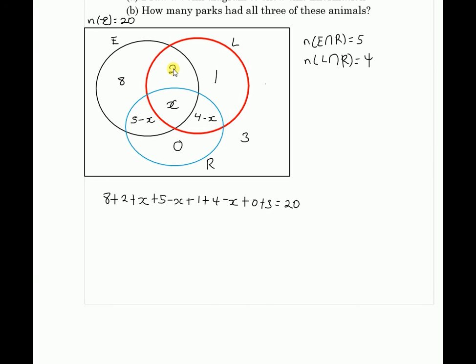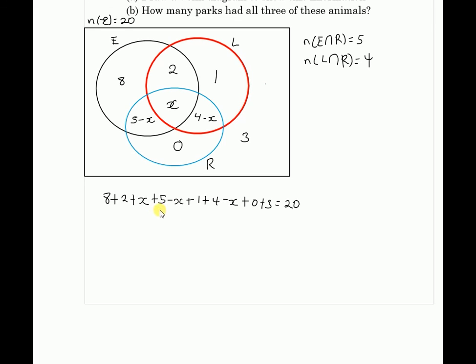Don't forget that 3 outside there. When I add everything here, 10, 20, I'm getting 23.